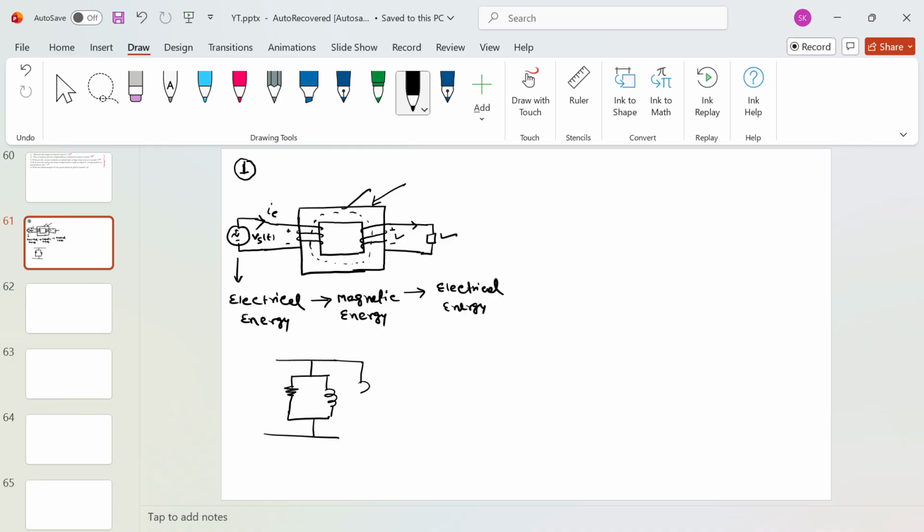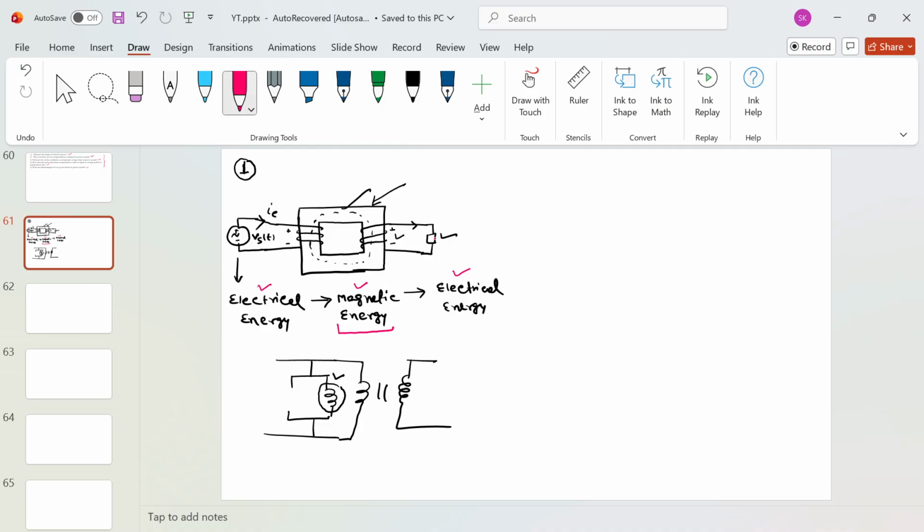Now, if you neglect the core loss, this particular component will not be there, but you will have this inductance that represents the inductance of the core. This inductance is associated with the reactive power, and this inductor is responsible for maintaining the magnetic energy. First the electrical energy is getting converted into magnetic energy, and again the magnetic energy is getting converted to electrical energy.